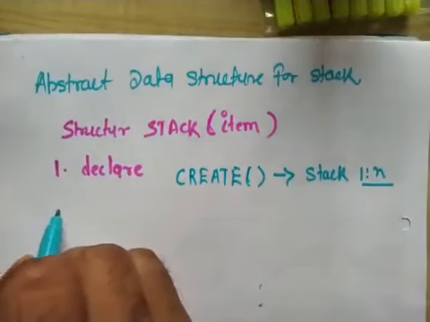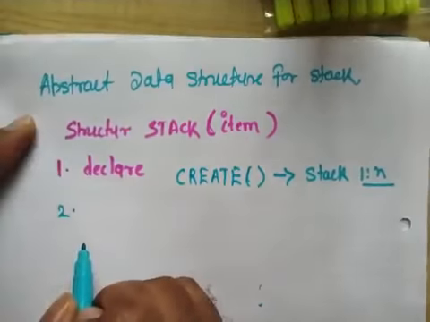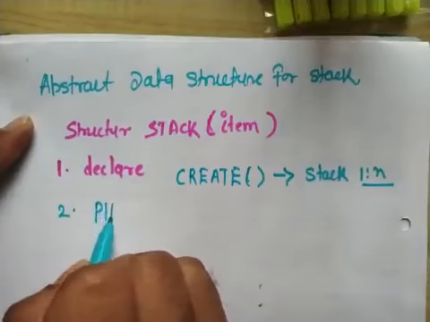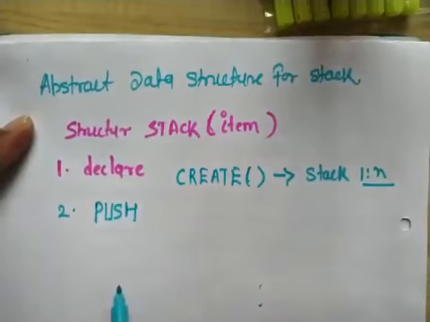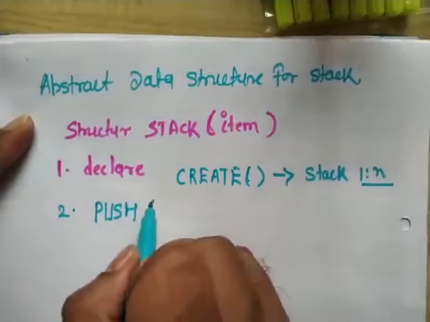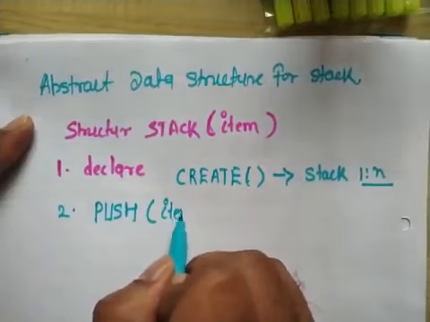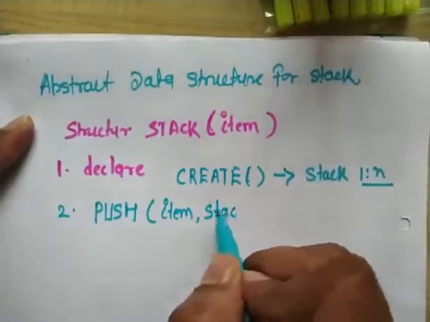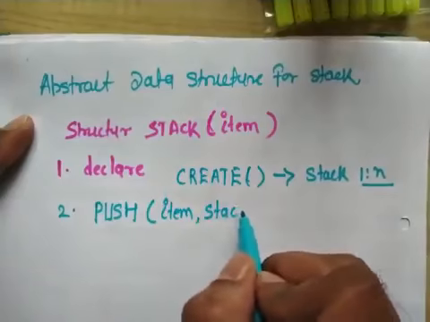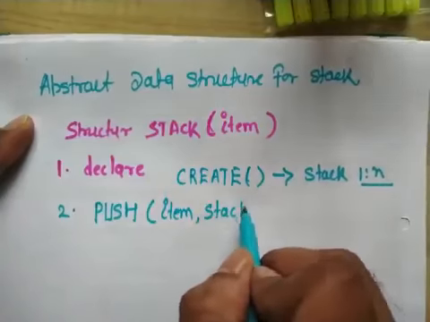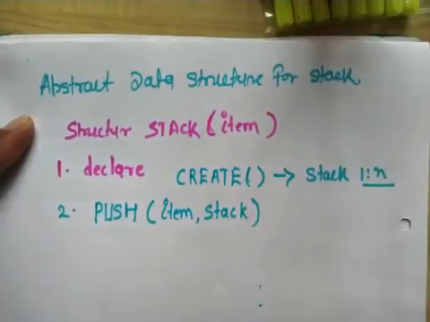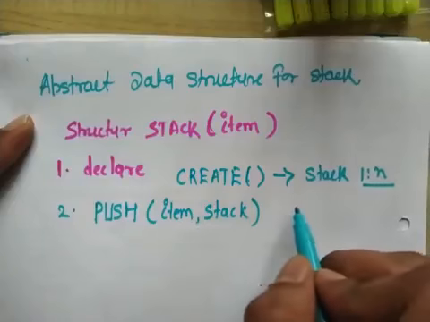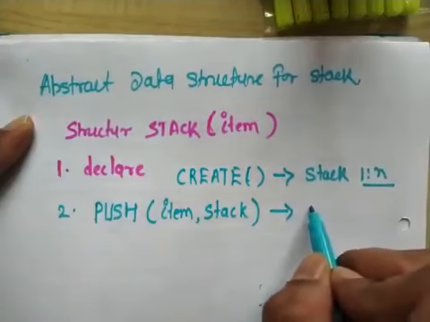Now the second function that we are going to declare is push, which takes as an input an item and the stack which is created by using the create function. So this push function takes as an input item and stack, and it will return a new stack.